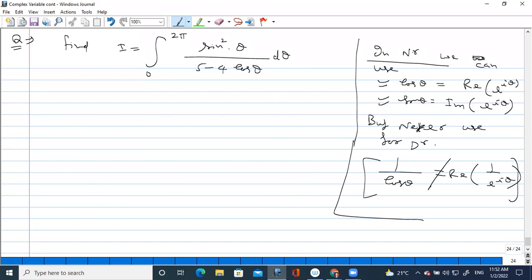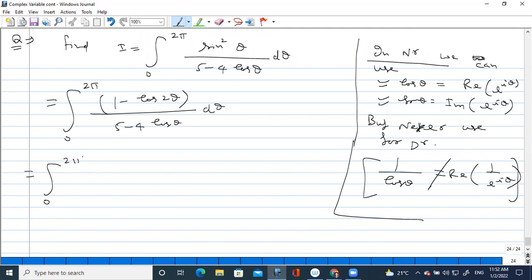Okay. So now this sin square theta, first of all, I can convert it into cos 2 theta. So I can write it like this: integral 0 to 2 pi, 1 minus cos 2 theta divided by 5 minus 4 cos theta d theta. Now this complete thing I can write as the real part of that.